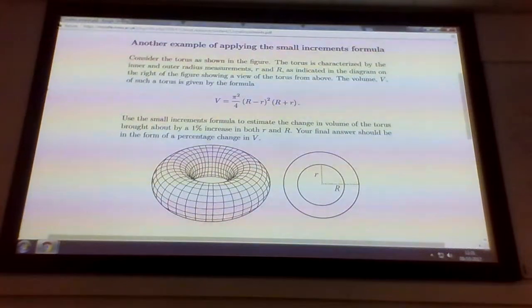With respect to which one? The big R. If you've got two things, you differentiate one times the other and add that.